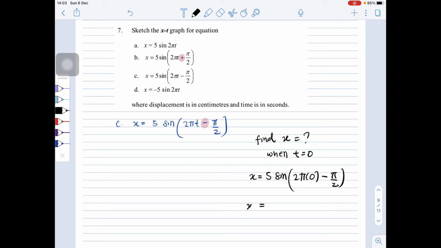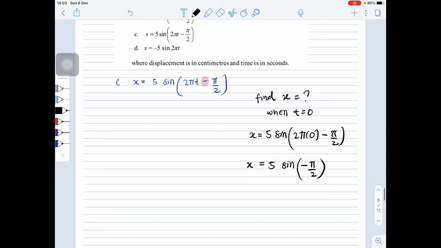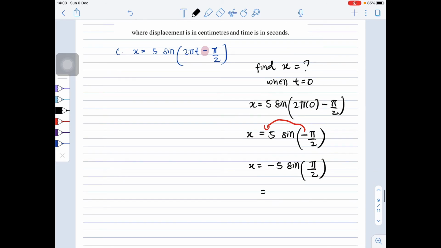So we will get x is equal to 5 sine minus pi/2. So minus ni kita boleh bawa ke depan, which you will get negative 5 sine pi/2. So since sine pi/2 adalah sama dengan 1, x will be equal to negative 5.